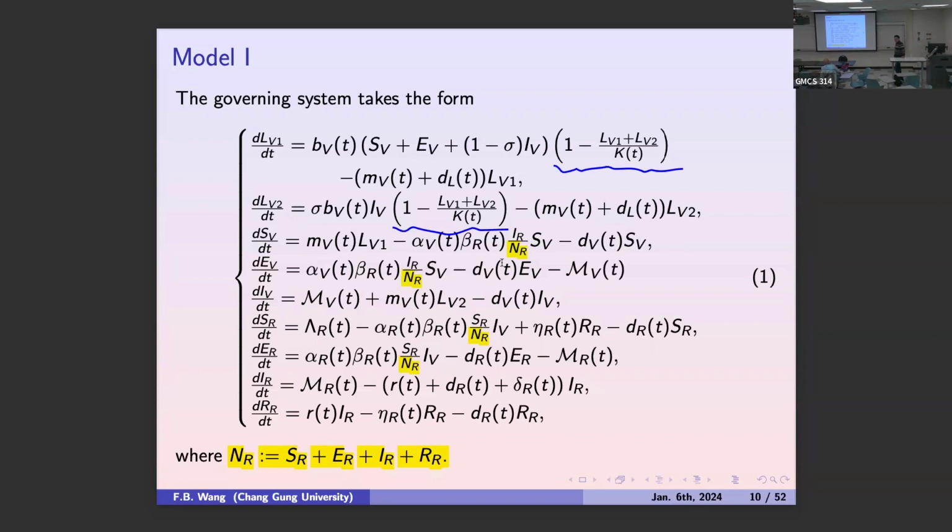For the biting rate, alpha D is the biting rate, right? By one mosquito, and then you distribute them, and that's actually a kind of rate probability, and that's where you get NR. So there is a detailed math, but you get NR in both of them.